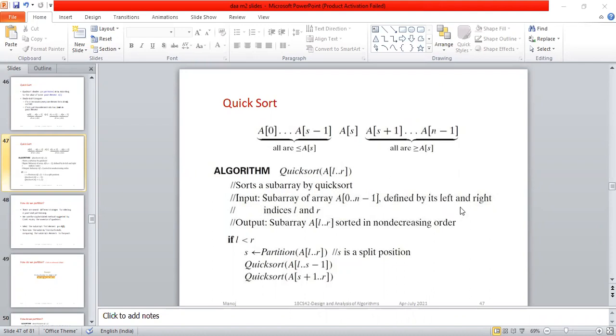L and R are left and right indices. L to R sorted in non-decreasing order. Non-decreasing means increasing order. So if L is less than R, what are the values of L and R? Anybody reply in the chat box?